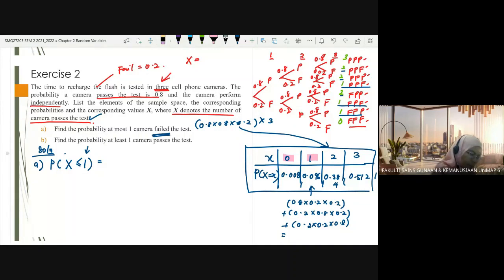I would like to use this probability distribution to reflect the calculation. So if at most one fails, it will be reflecting 2 and 3, right? At most 1 fail.